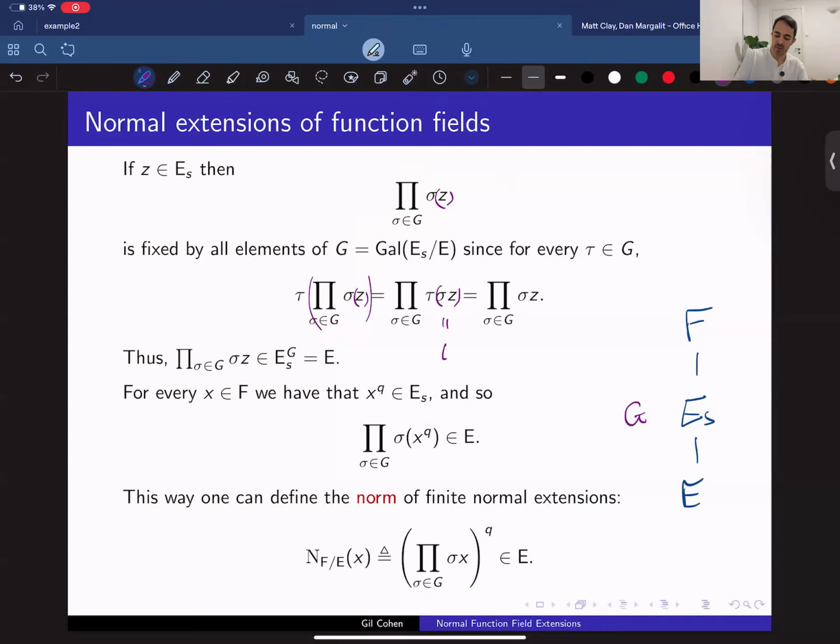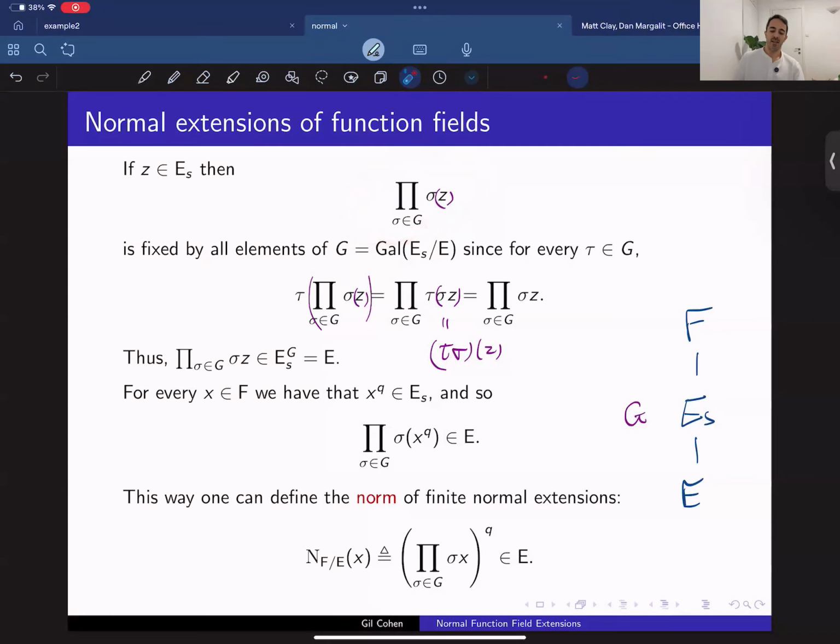But that's the same as doing this, of course, because of the rules of group actions. And then you can see that here and here you actually do the same. You multiply over all elements in G and apply them to Z, but you do it in a different order. So here you go according to whatever order you have in mind in G, and here you do a shift by tau. But you're still going over all elements in the group, so you get the same element.